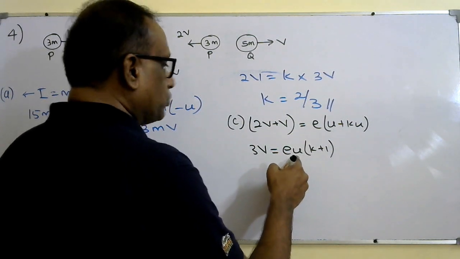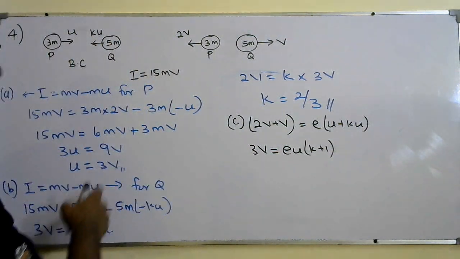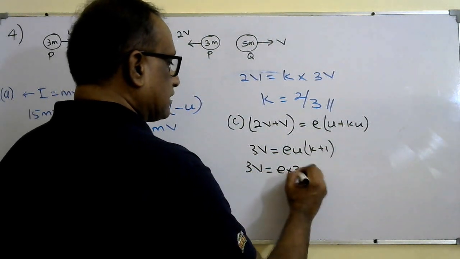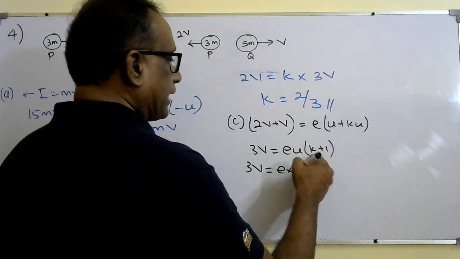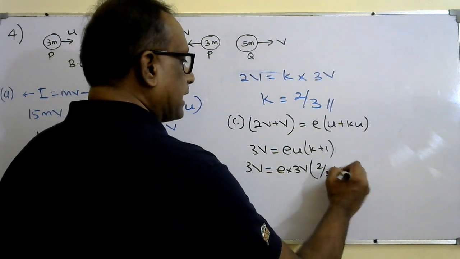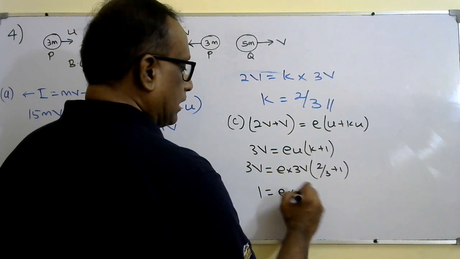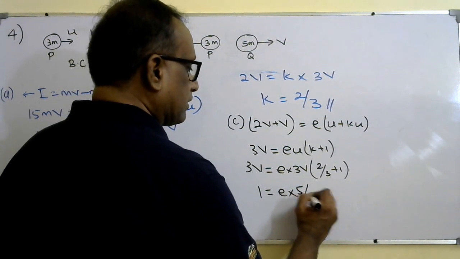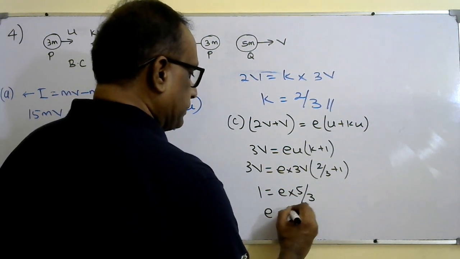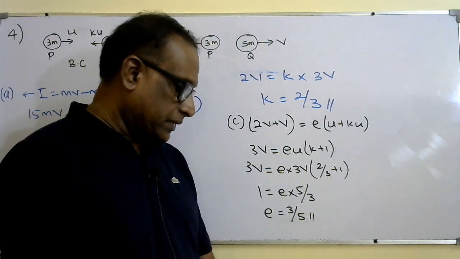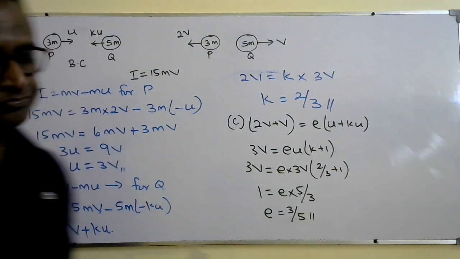Instead of u you can substitute 3v, so 3v equals e times 3v into k, you can substitute 2 by 3, plus 1, so that is 1 is equal to e times 5 by 3, so e is going to be 3 by 5, that's the answer. Yes, 3 by 5.